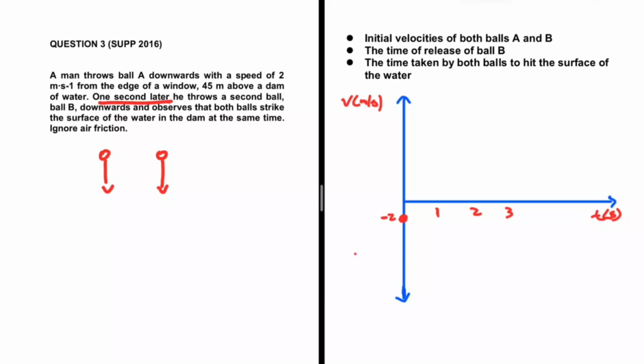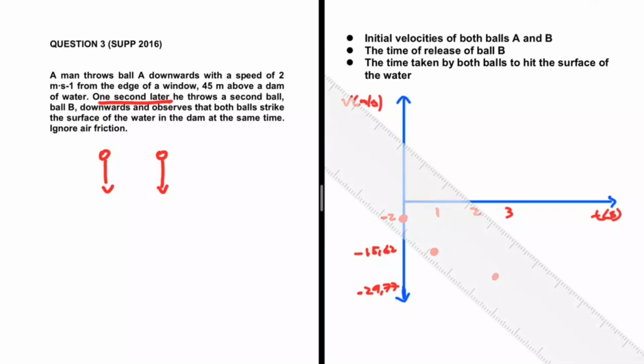So let's go ahead and have minus 15.62. It is at t equals 1. So this is the first point for ball B. And then ball A strikes the ground at 29.77 meters per second downwards. So minus 29.77. That is at t equals 2.83. So somewhere here, it's where ball A strikes the ground.